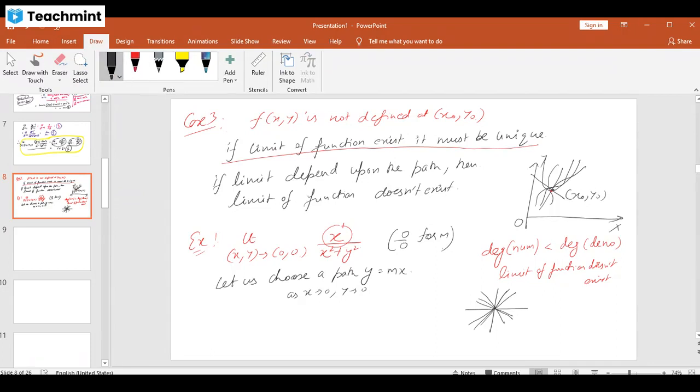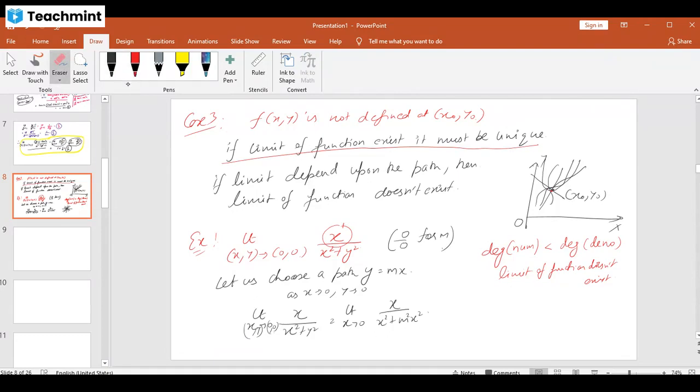This limit is now converted into the limit of a one variable function, if I replace y equal to mx. So this is the limit as x tends to 0, x upon, sorry, here we have (x, y) tends to (0, 0). Now if I replace y equal to mx, then this is x square plus m square into x square.